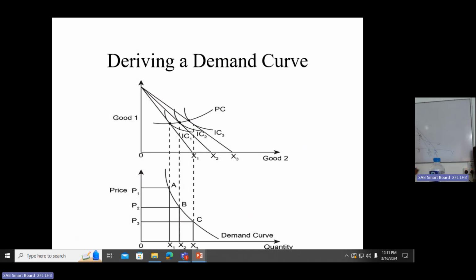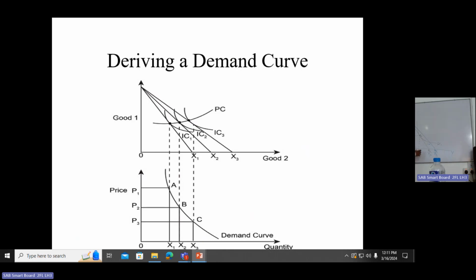That will rotate the budget line from the Y axis, because there is a possibility for the consumer to consume more of product Y. That is explained by rotating the budget line from the Y axis.